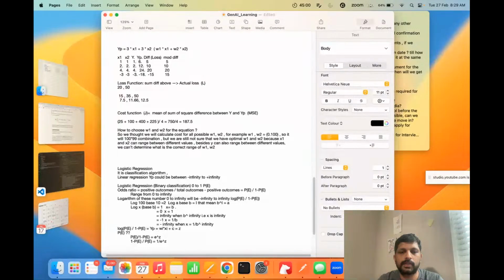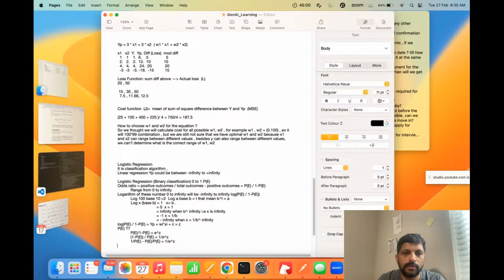Now that is 1 by P of E minus 1, right? Here I'm dividing: 1 by P of E minus P of E by P of E, and P of E by P of E is 1, right? Okay, I'm distributing here, equal to 1 by E power Z.